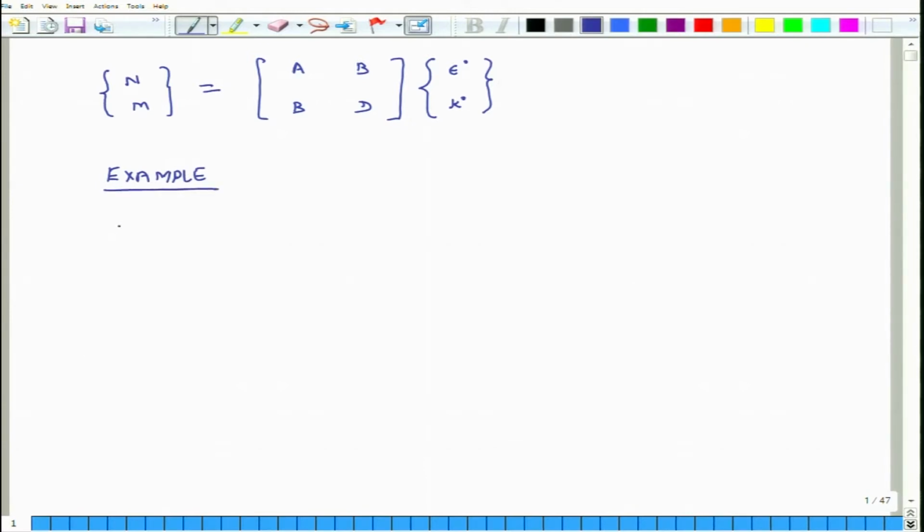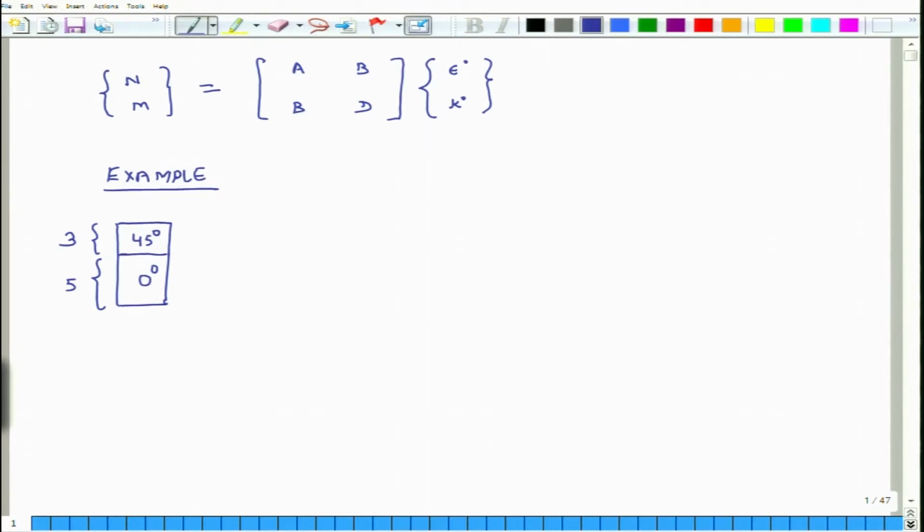Here we are stating that there is a laminate having just 2 layers. The orientation of the top layer is 45 degrees, and the orientation of the bottom layer is 0 degrees. The thickness of the bottom layer is 5 millimeters and the thickness of the top layer is 3 millimeters.